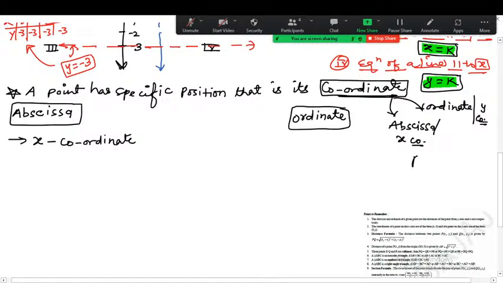We represent it like this. Let's say the point is P. We use this bracket, and we use the ordered pair symbol. This is a comma. Here we have the x coordinate. Here we have the y coordinate.